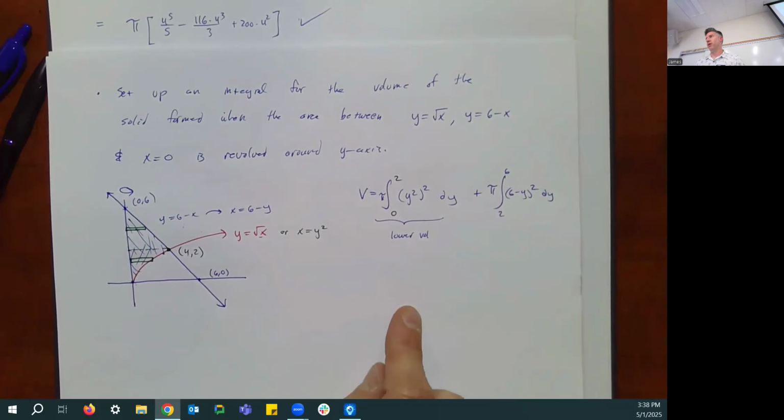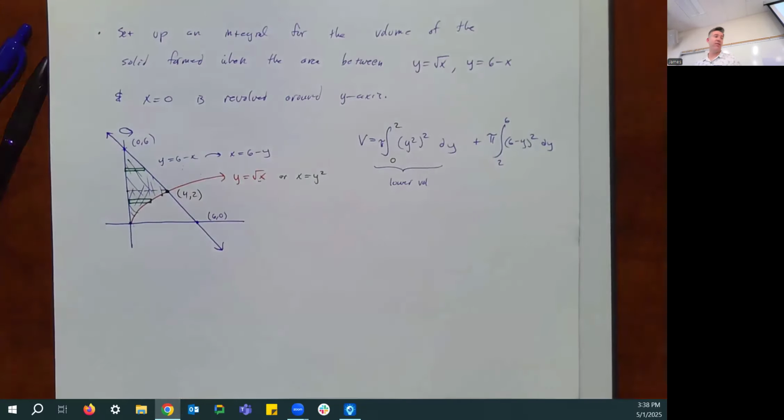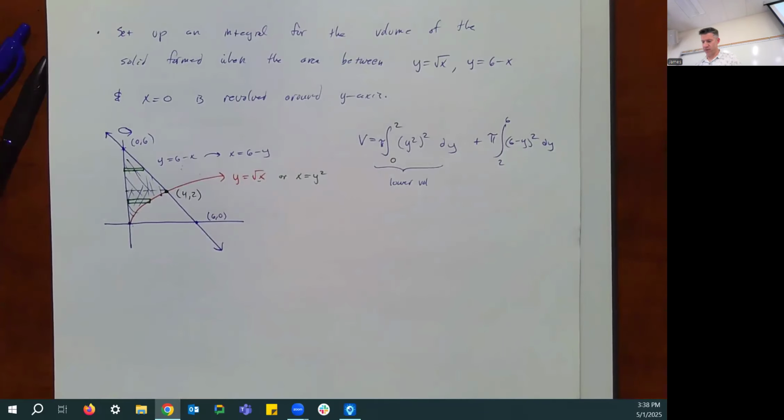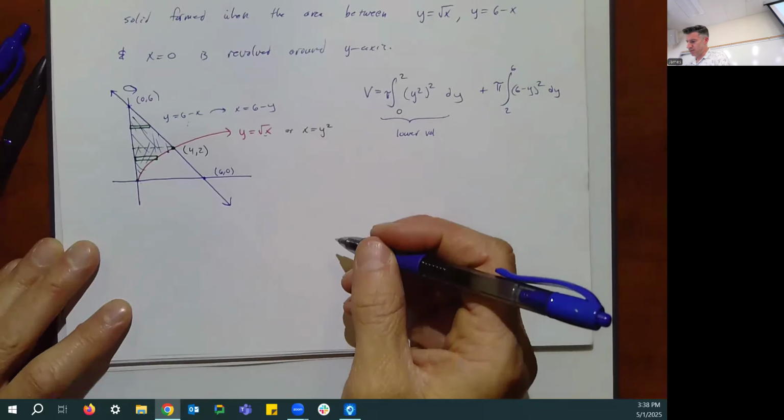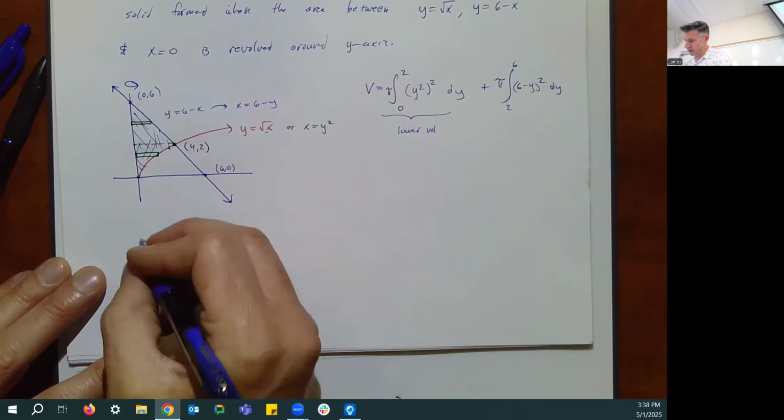Okay, I don't want to do it this way though. What I really want to do is use a vertical strip. And to use a vertical strip, we're going to use the shell method. So, same region.